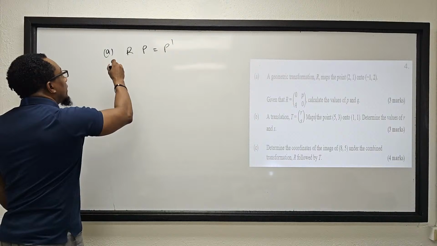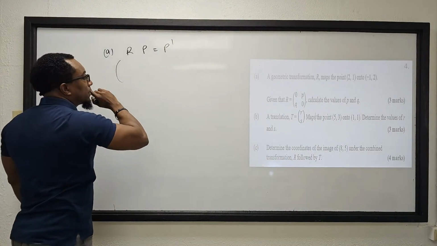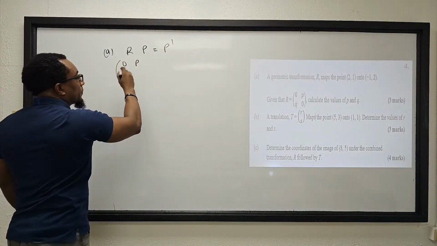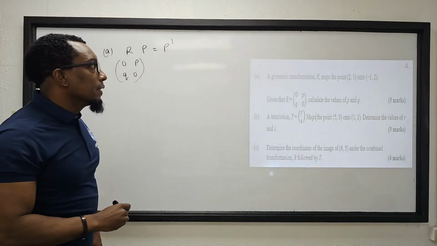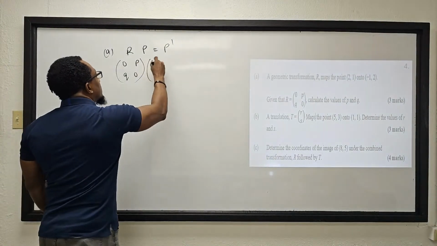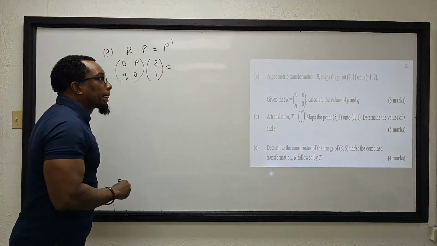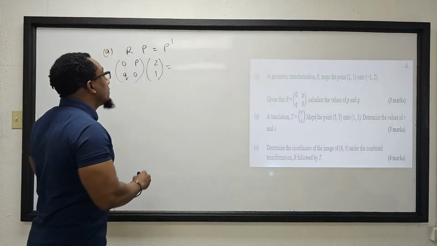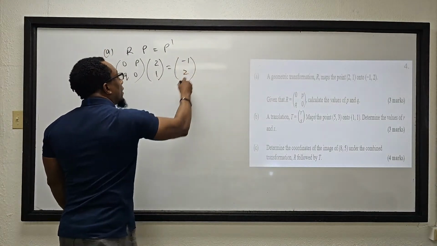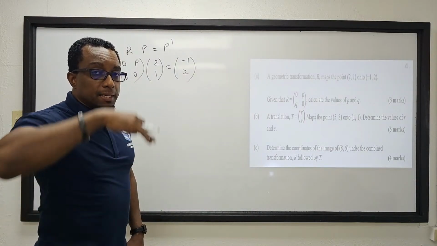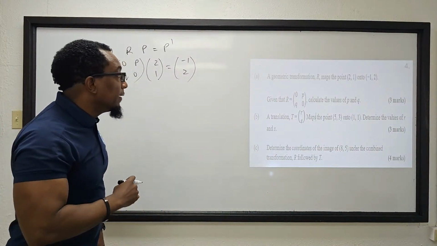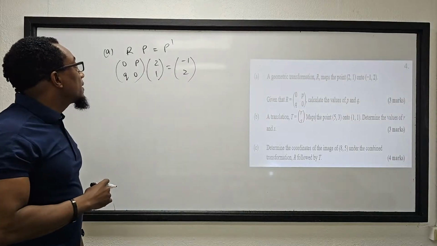Then R, which is the matrix (0, P; Q, 0), times the point P whose coordinates are (2, 1), gives us P prime, which is (-1, 2). Remember, you are not going to write it in row format, you have to convert it into column format. Alright? So they want us to find the values of P and Q.